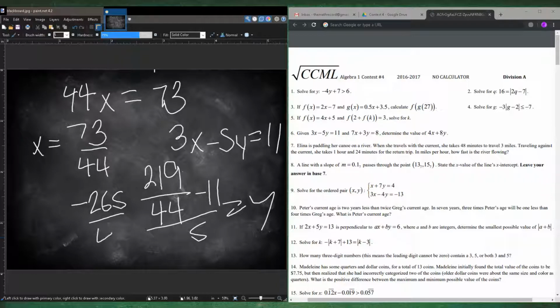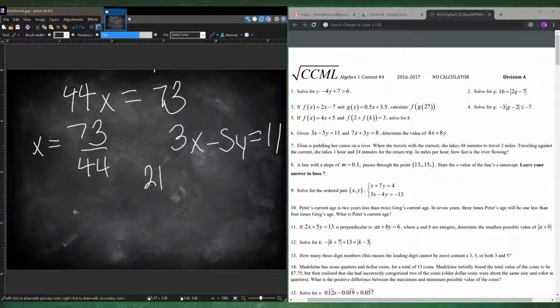And now we could divide by 5. So 265 divided by 5 is 53. So we have negative 53 over 44. So y is negative 53 over 44.